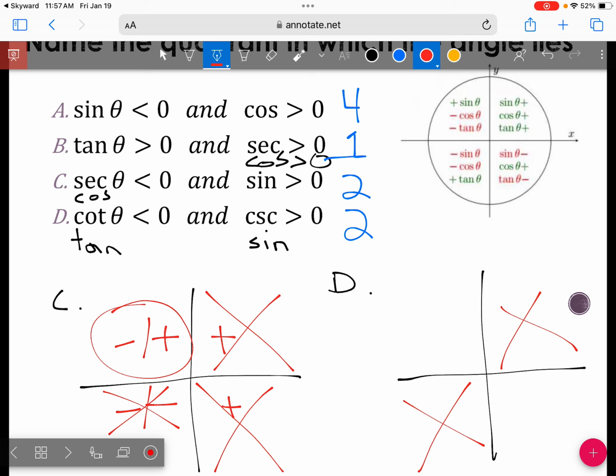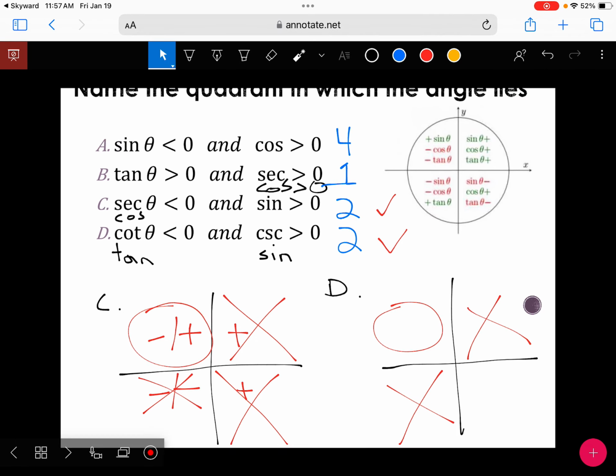And for that one, we need cosecant to be greater than 0. For cosecant to be greater than 0, that means sine is greater than 0, because of the sister functions. And sine goes hand in hand with the y value. So where the y value is positive, that's only going to be, just like you guys said, in quadrant 2. So you guys are right on both of those.